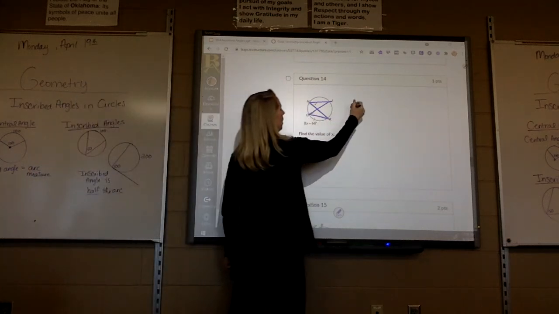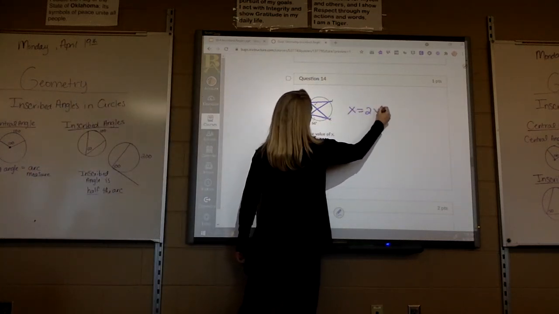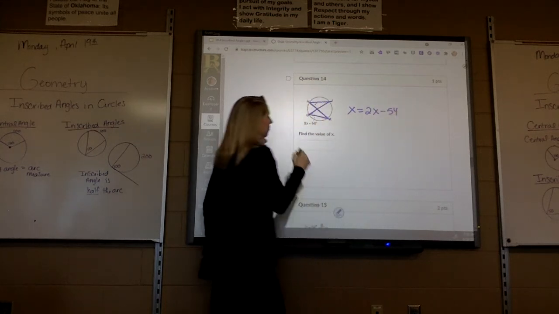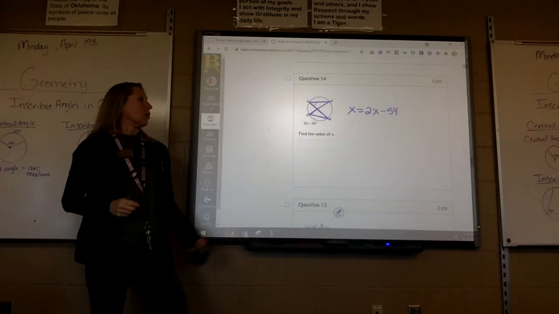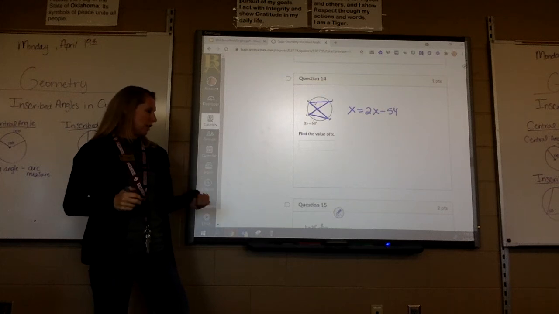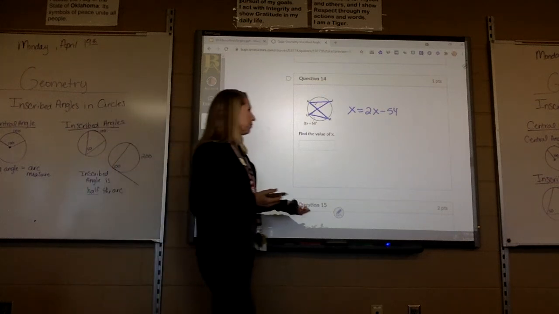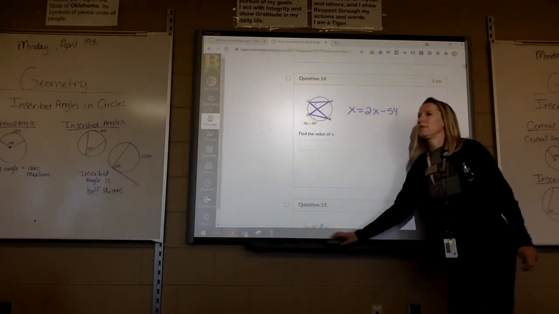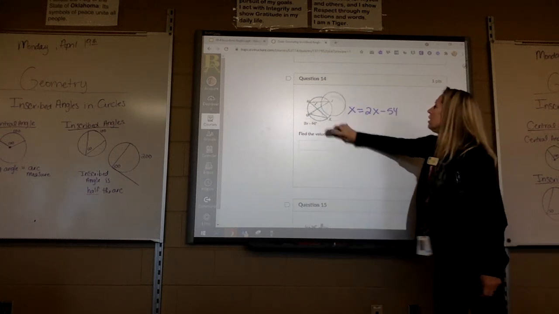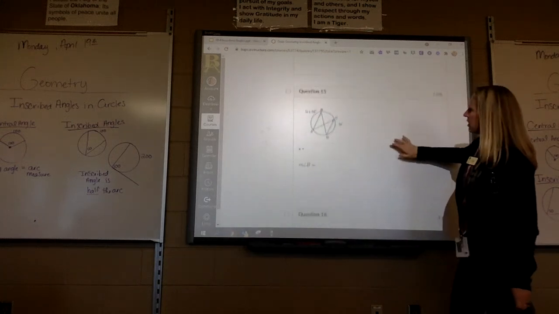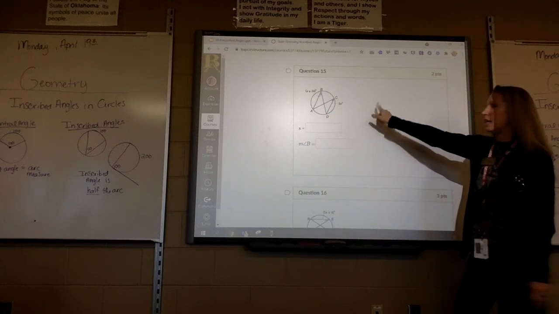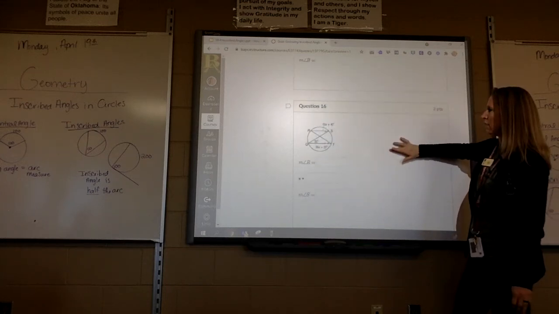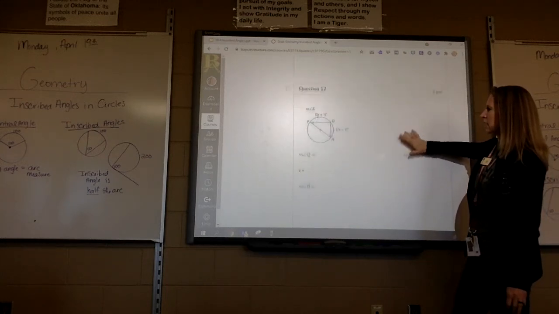So you'll just put them equal. x equals 2x minus 54. So put them equal to each other if they intercept the same arc. And then you have to solve. And then don't forget, same with 15, equal to each other. And 16.